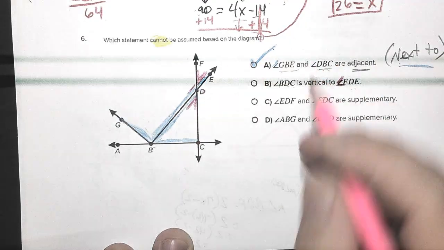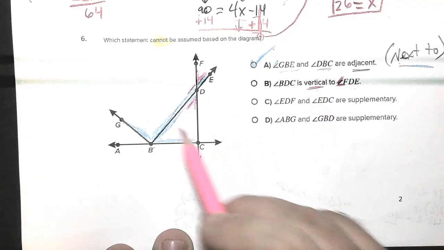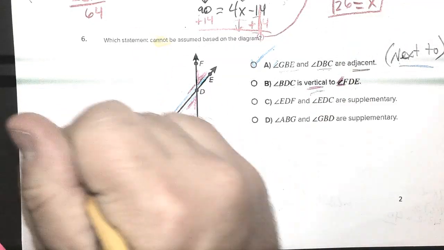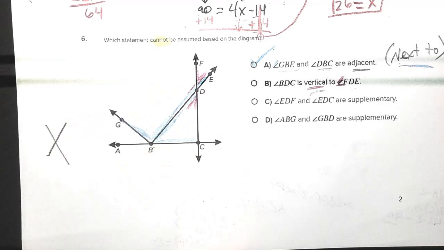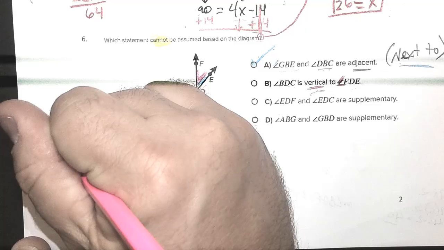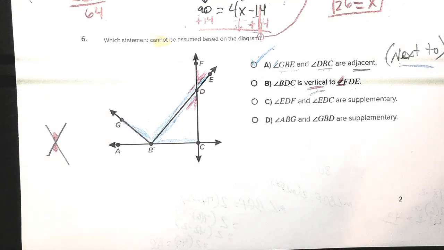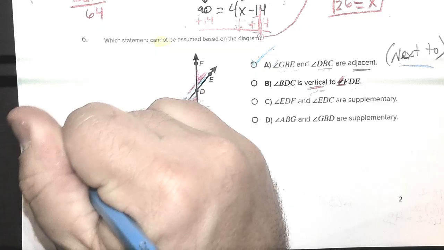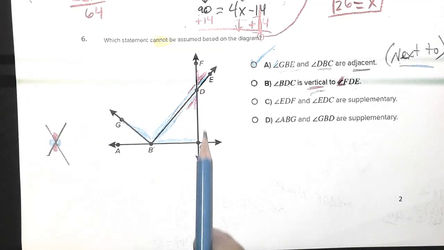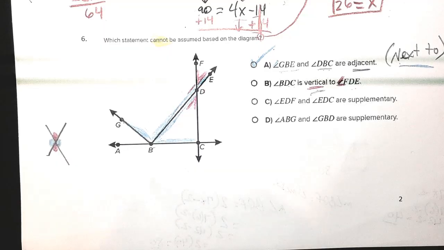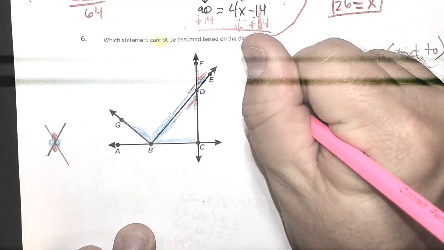So it says they're vertical. Well, remember vertical angles are the ones like this where the top and bottom, left and right. So these two are like these two. So that is a big fat yes.